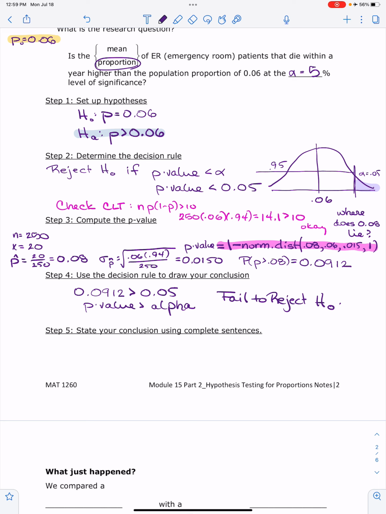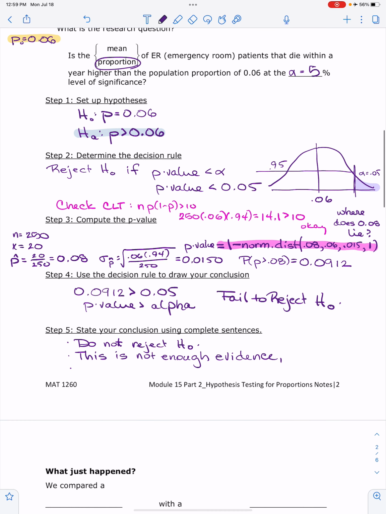First part, I am going to say fail to reject or do not reject H naught. There is insufficient evidence, or not enough evidence, at the alpha equals 0.05 level of significance.